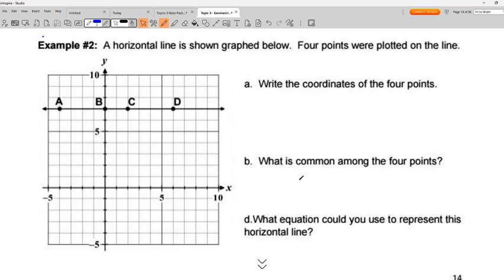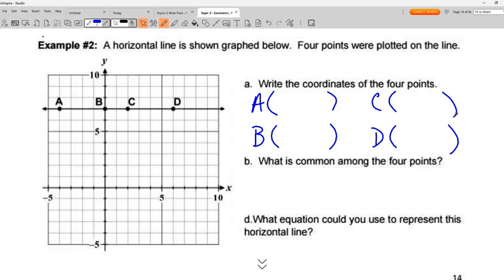In example number 2, a horizontal line is shown graphed below. 4 points were plotted on this line. Once again, we're going to write the coordinates of the 4 points. So we need point A, point B, point C, and point D. Point A is right here, so I have to go to the left of the origin 4 units, and then up 7 units, so it's going to be located at -4, 7.